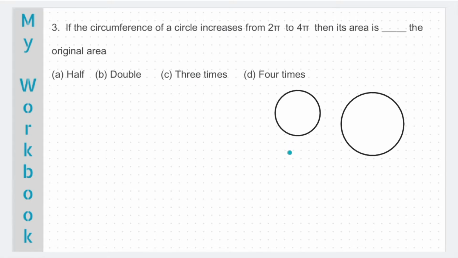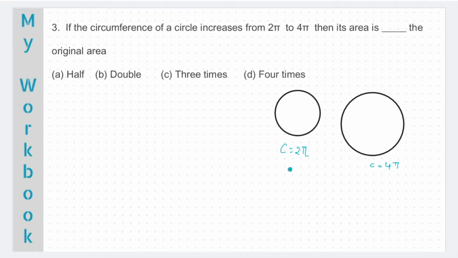So this circle, the circumference, let it be 2 pi, and the bigger circle circumference is 4 pi.